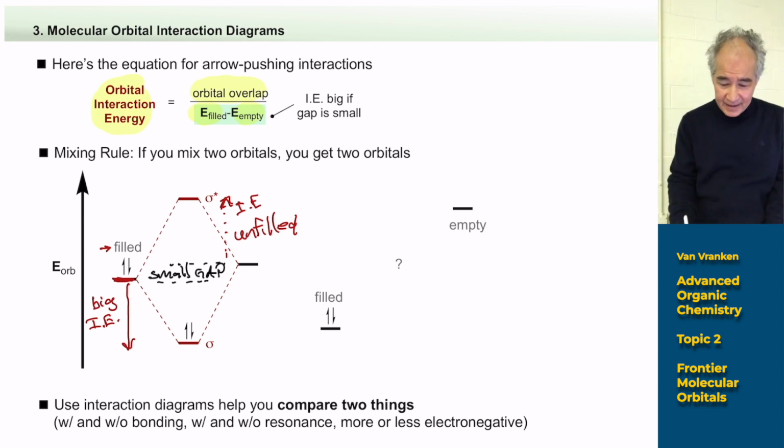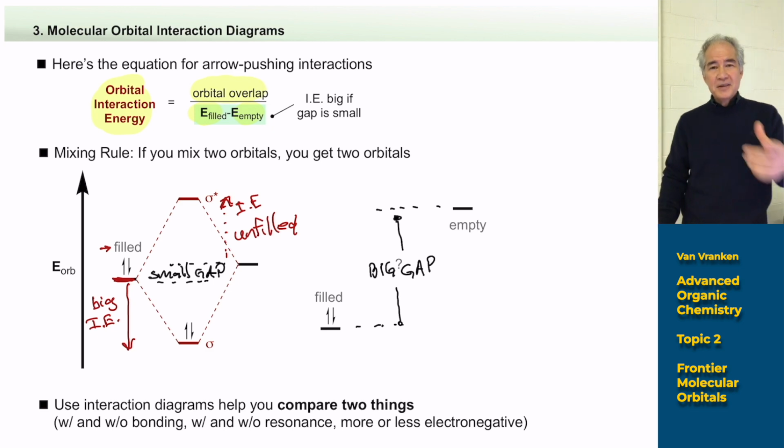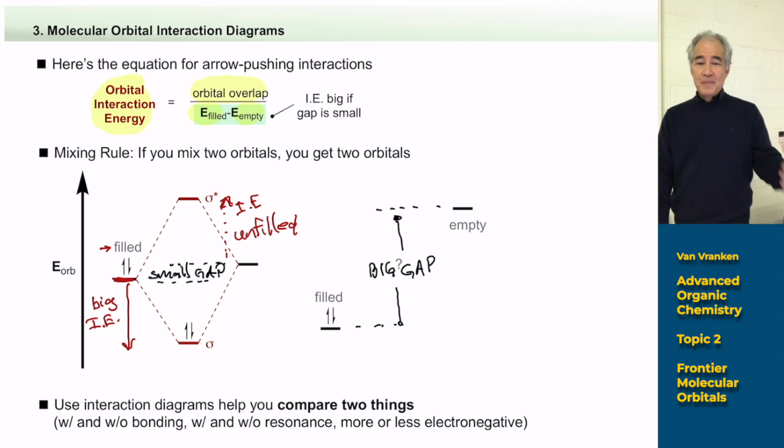What will happen in that case is I'm going to end up with this big gap. The energy difference, if I plug it into my equation, I'm going to have a big gap right here. This difference in energies between these, this gap right here, is big. And that means the denominator of that equation is going to be big.